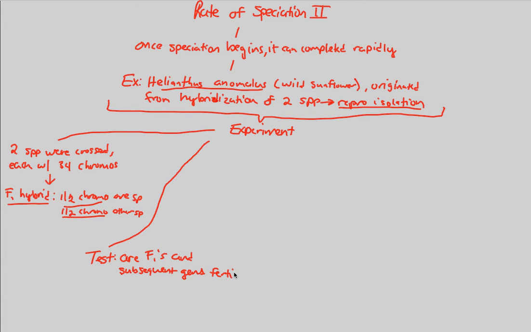Are they fertile? Can they produce offspring? Because what we've noticed for the most part is that hybrids aren't able to produce offspring. And because they're not able to produce offspring, we don't have reproductive isolation completely, and thus we have a post-zygotic isolation mechanism, let's say. So we're going to ask ourselves, does this happen in this species?